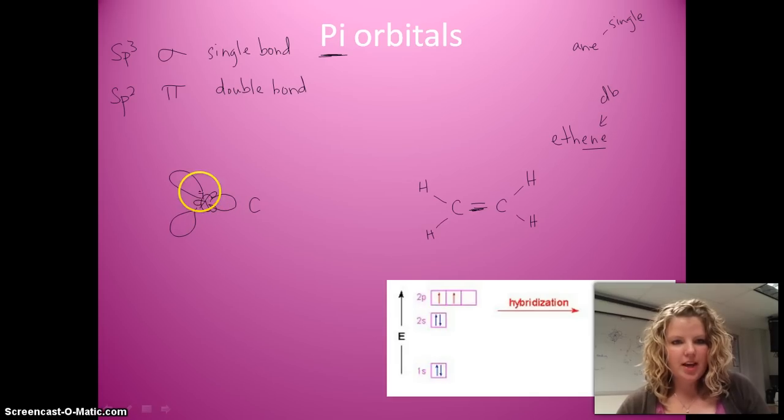Those are our sp2s, and remember sp2 would be 66% p orbital and 33% s orbital. And we do this for both sides, with a little overlap there, that's our sigma bond.